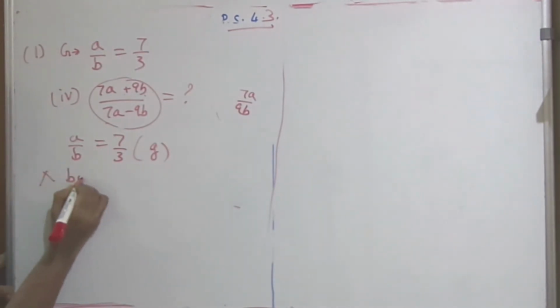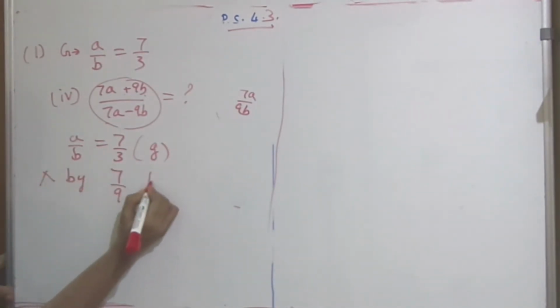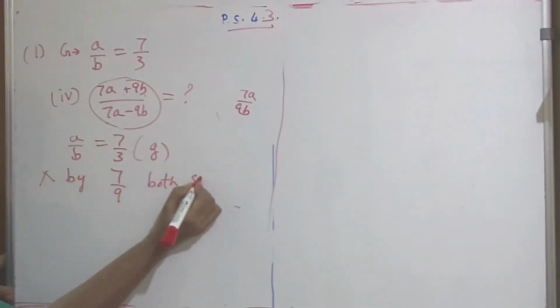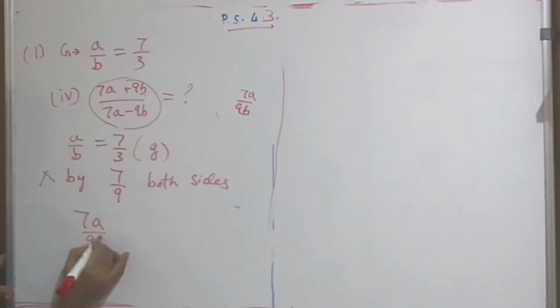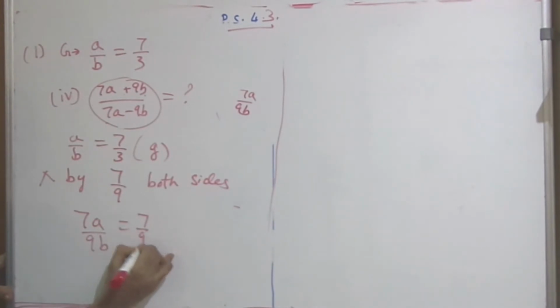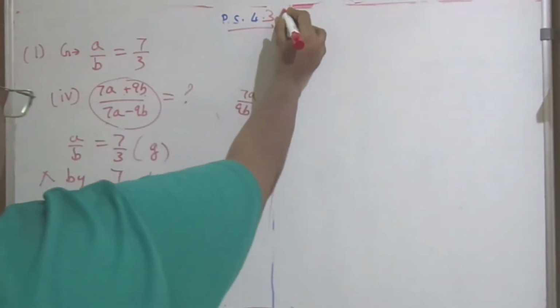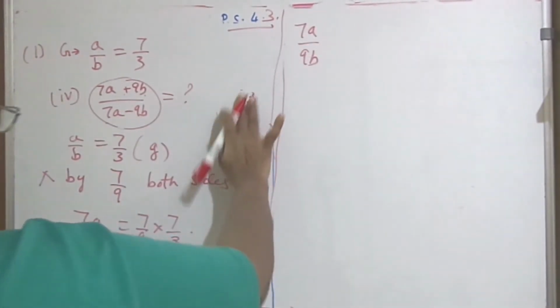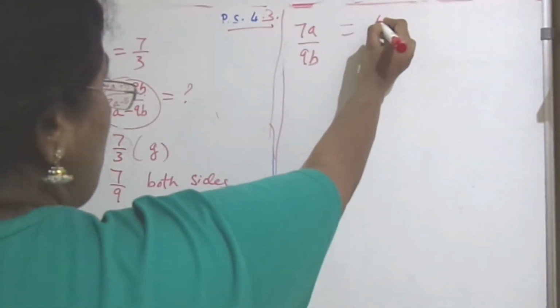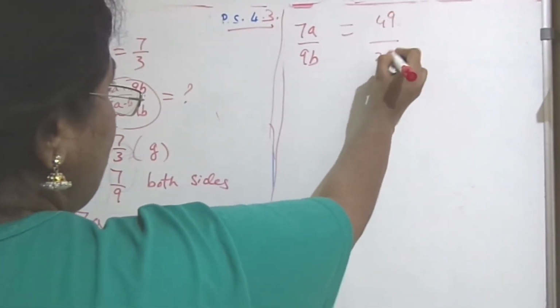So multiply by 7 upon 9 on both sides. When you multiply, it becomes 7a upon 9b is equal to 7 upon 9 into 7 upon 3, so you get 7a upon 9b is equal to 49 upon 27.